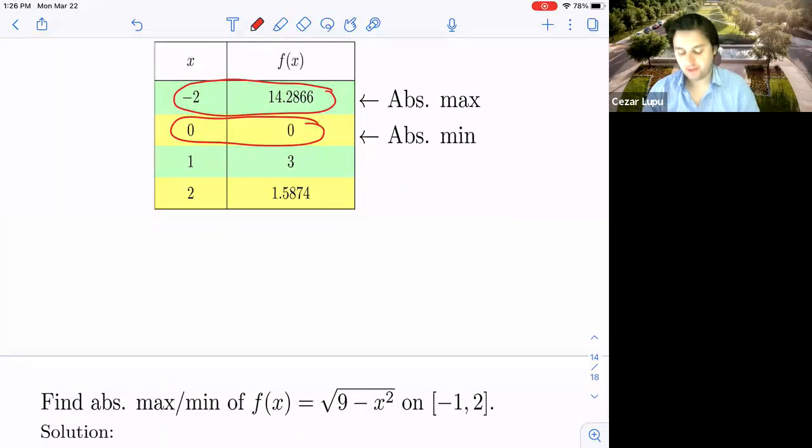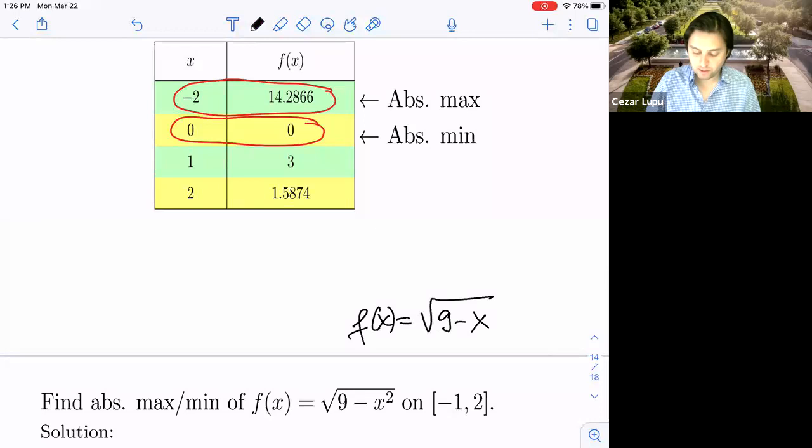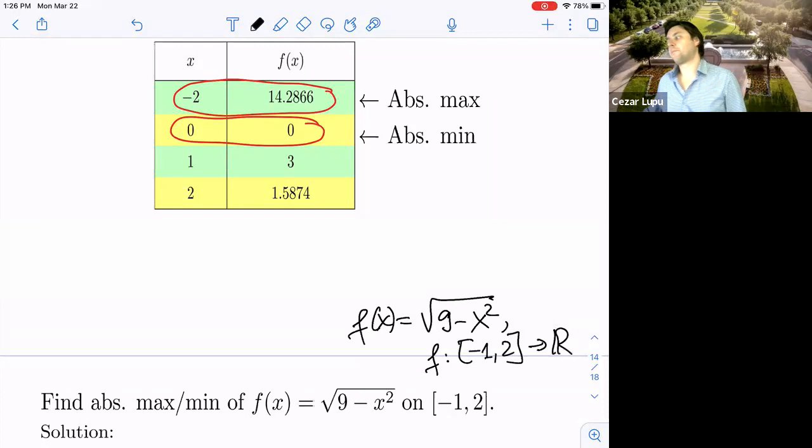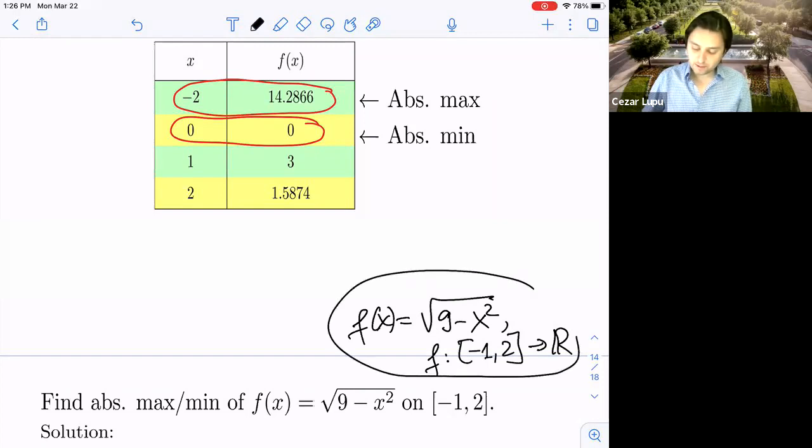So the function is given, f of x, let me write it, is the square root of 9 minus x squared. And f is defined on the closed interval -1 and 2. I would like you to pay attention to this function. You need to take something into account first.